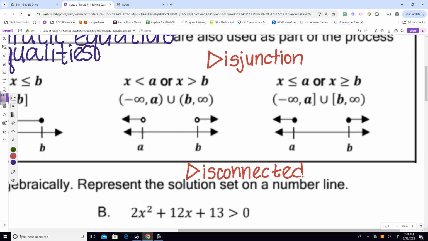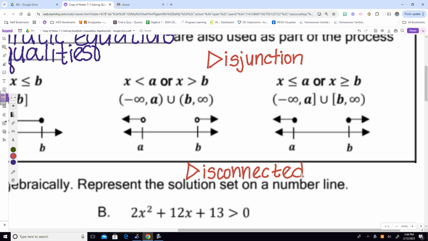So if you look at your answers as an inequality, okay, the first method, form rather, do you notice that it's two inequalities separated by the word or? Y'all see that? And in the other one, they were jumbled together. They were connected, okay? Look at your interval notation. Do you see how it's two intervals? That U in the middle means union. It's kind of like the word or.